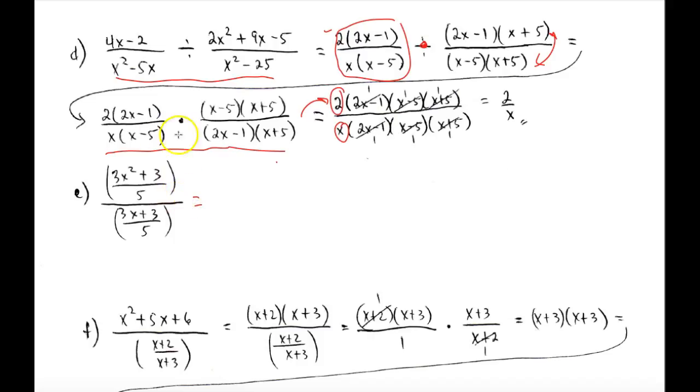All right, in the next example, we're going to do the same thing. Since we have division here, complex rational expression, we will say 3x squared plus 3 divided by 5 times 5 divided by 3x plus 3. Okay, and so now with our first rational expression, I will factor out the greatest common factor, which is 3.